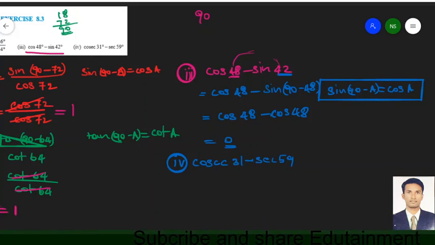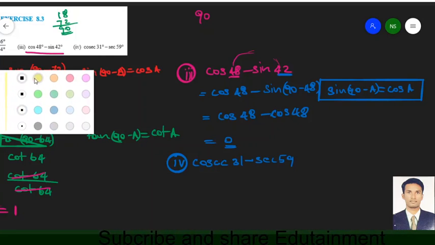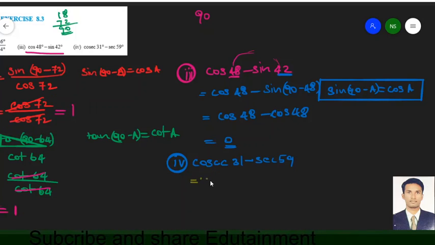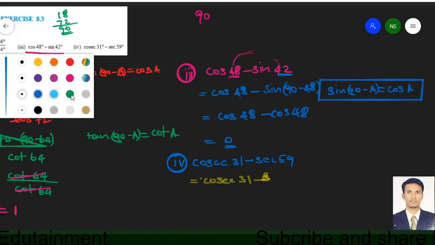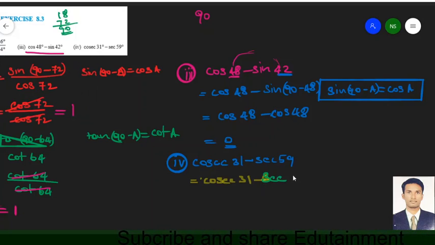So we can write here cosecant 31 as it is, minus secant 90 minus 31.